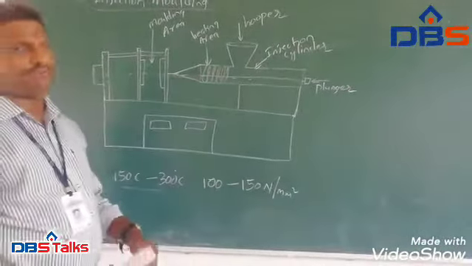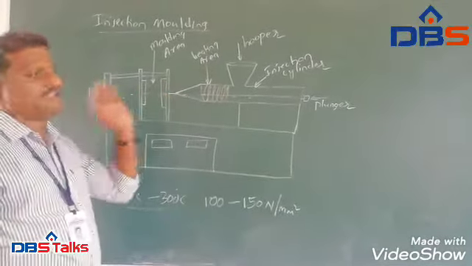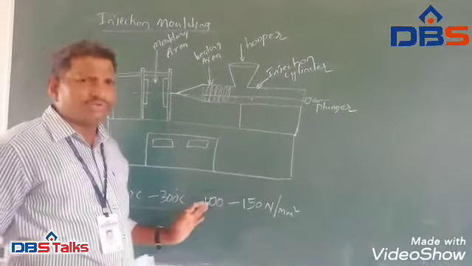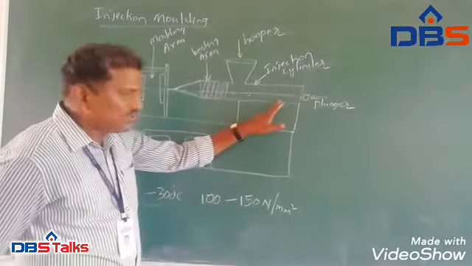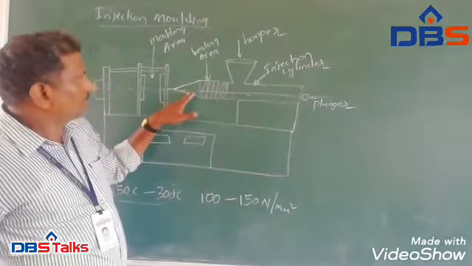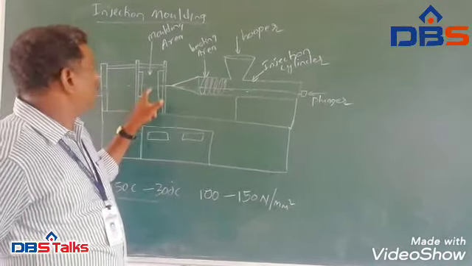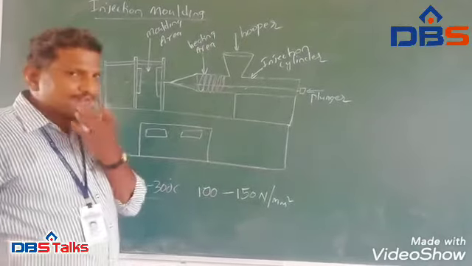This much pressure we will maintain inside the molding area chamber. With this pressure the plunger will inject the liquid plastic into the molding area.